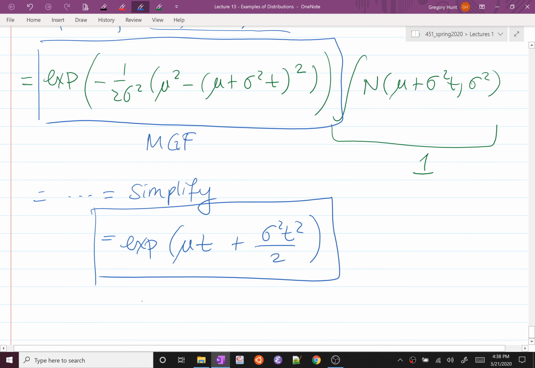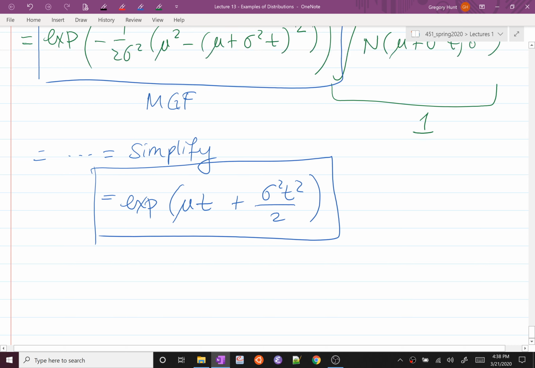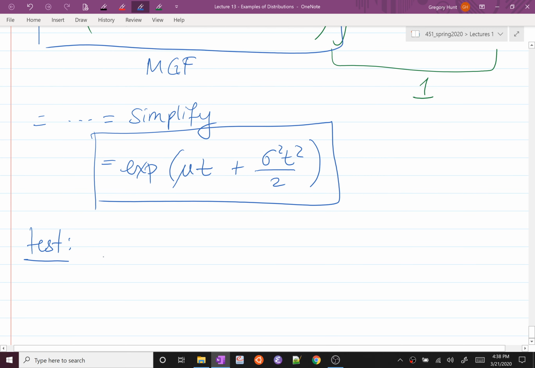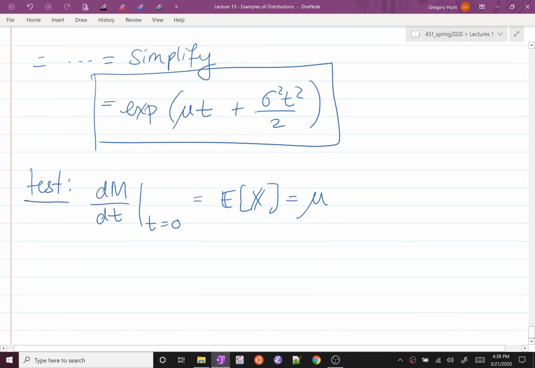I wouldn't expect you really to rederive this on an exam, but this will give you the MGF. We can test this, because God only knows if this is correct, right? We know that if I look at dm dt and evaluate it at t equals 0, that should give me my expected value of x, which we know for a normal is just mu, the mean parameter.